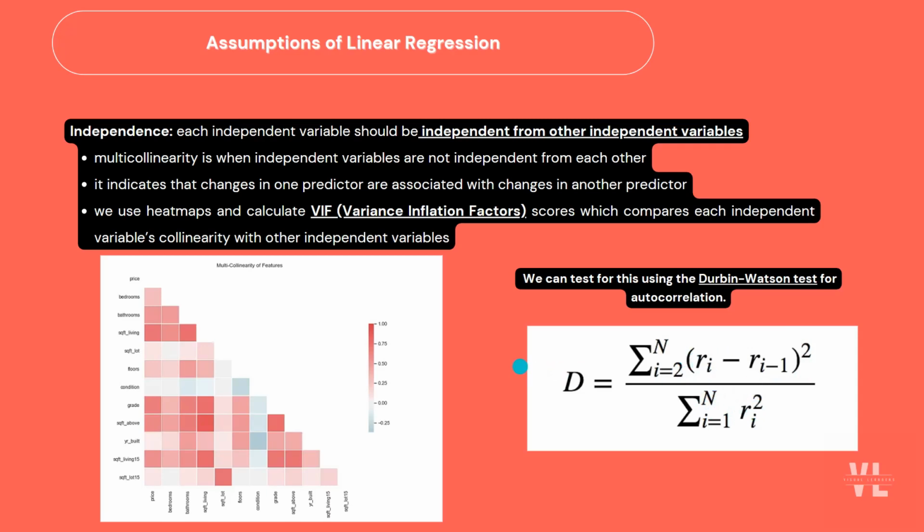We don't need to worry about the intricacy of this formula. We just have to know that we have to assume that all the independent variables we use for a linear regression model have to be independent of one another.